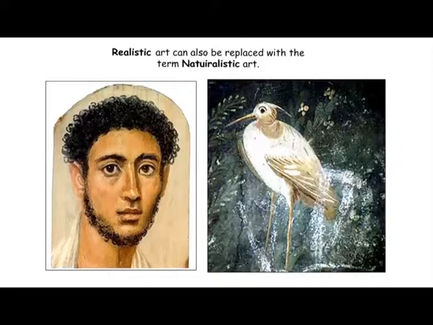Realistic art can also be replaced with the term naturalistic art, because by and large realistic art tries to not only imitate nature or follow nature faithfully, but tries to visually record nature, visually recapture nature in a way that evokes a feeling as if we are looking back at the real nature again.